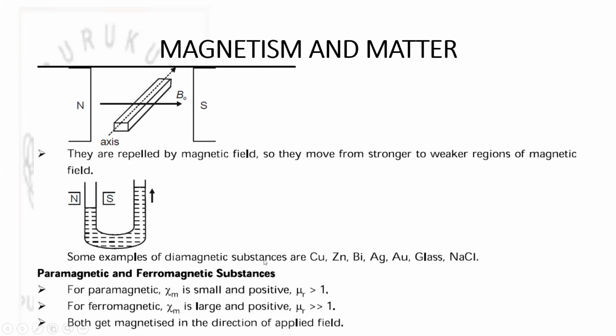Some examples of diamagnetic substances are copper, zinc, bismuth, silver, gold, glass, sodium chloride. And then paramagnetic and ferromagnetic substances. For paramagnetic material, susceptibility is small and positive, and relative permeability is greater than 1.